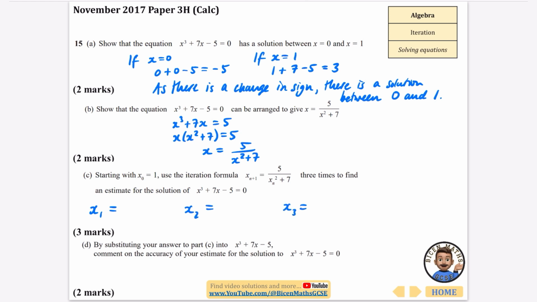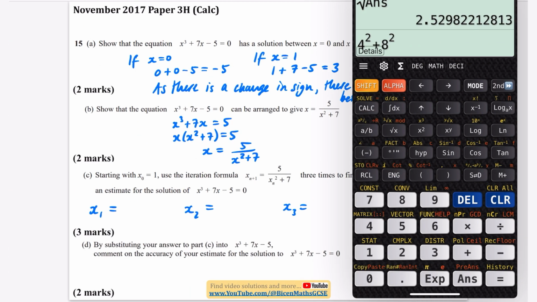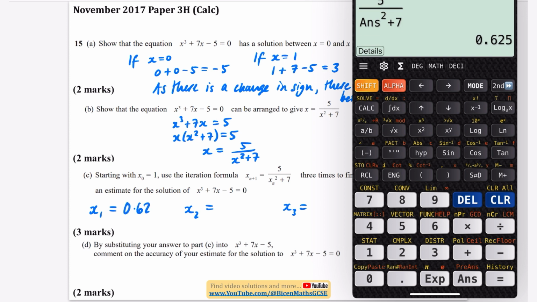And I'm going to set this up on my calculator. I'm going to store in my calculator that my answer is 1, and then I'm going to do 5 over answer squared plus 7, okay? And so my first one is 0.625.